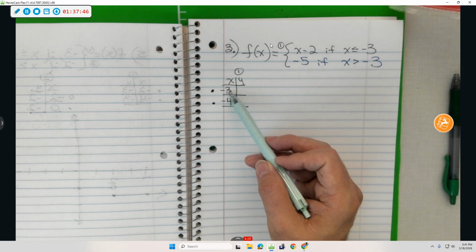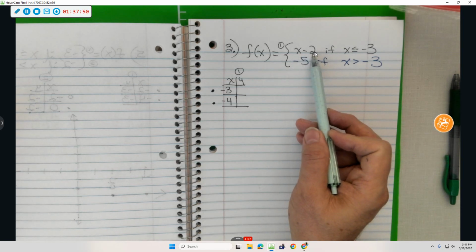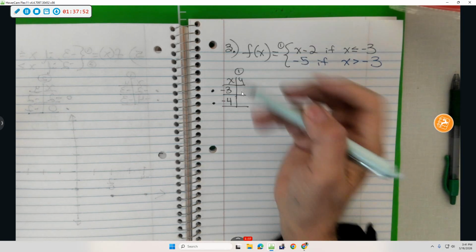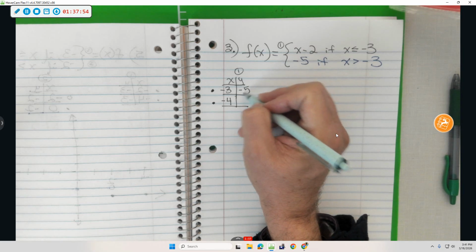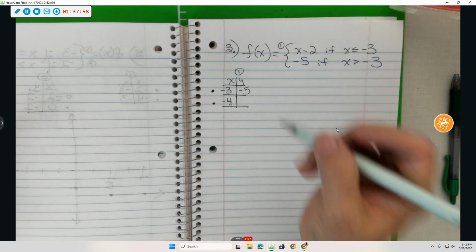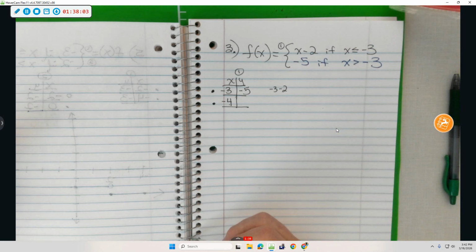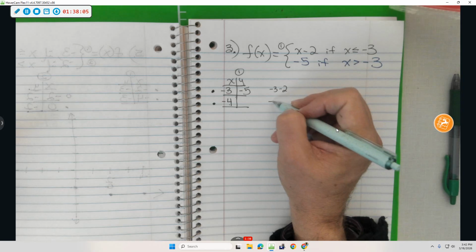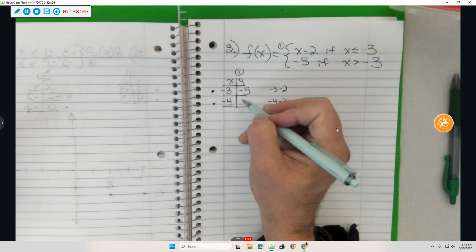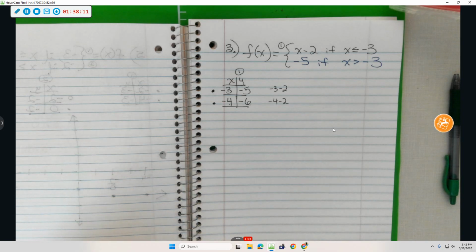Plug -3 into the black piece. -3 minus 2 gives us -5. Plug in -4. -4 minus 2. -3 minus 2 gave us -5. What about -4 minus 2? -6.